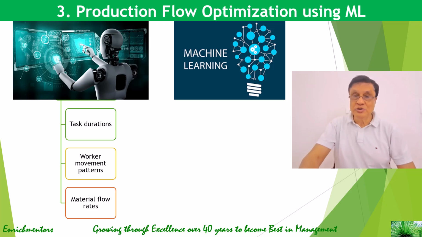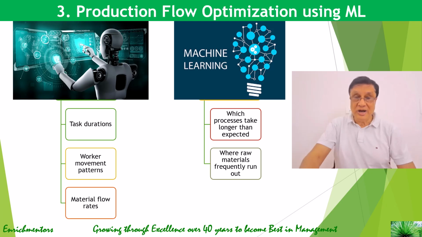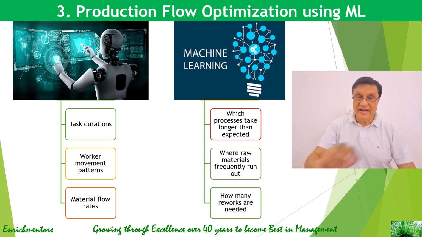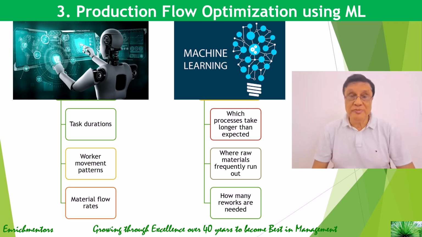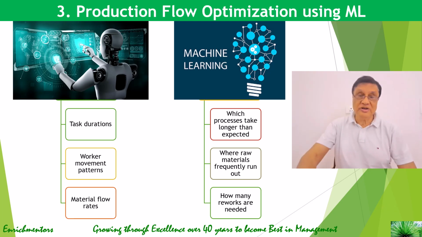Machine learning can find patterns like which processes take longer than expected, where raw material is frequently running out, and how many reworks were needed. An example: the system identifies that workers are delayed waiting for material, suggesting keeping a buffer of materials so the workers can continue to work.